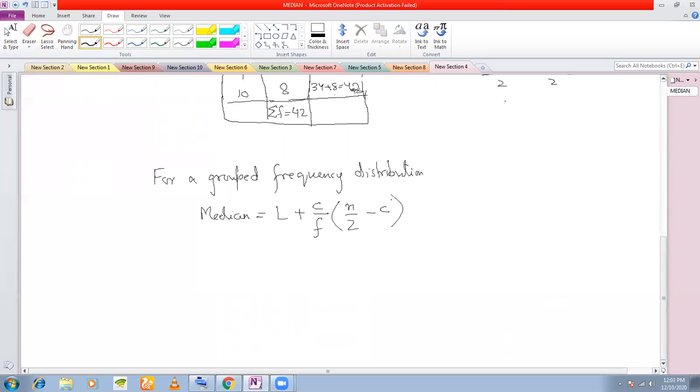N by 2 minus CF. Okay. This is the median for a group frequency distribution.